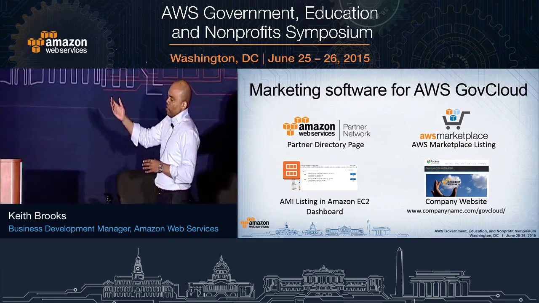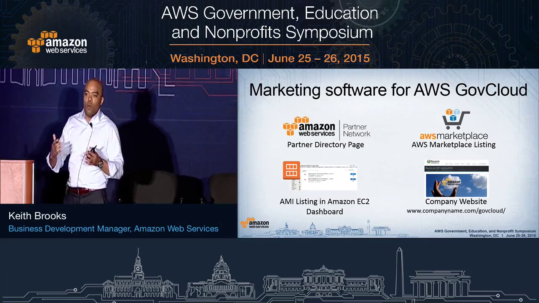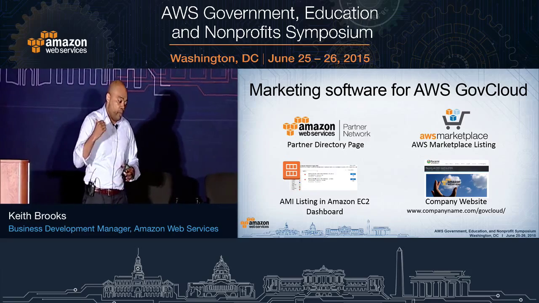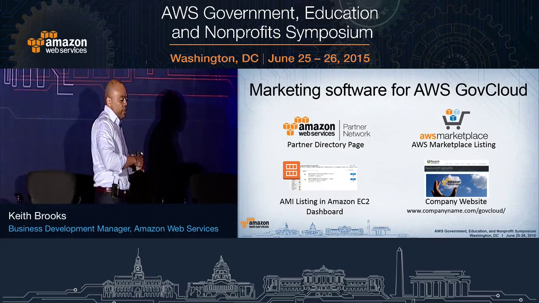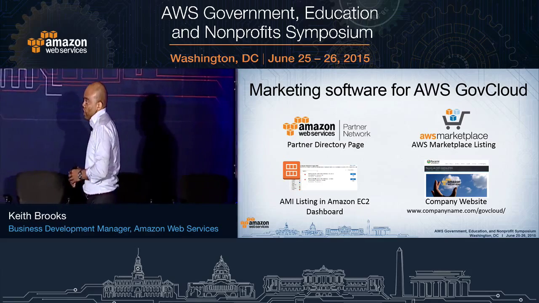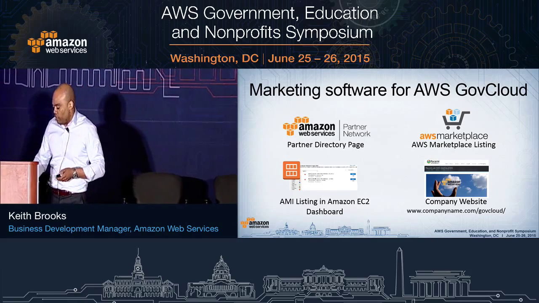So you can take advantage of things like search engine optimization. If you go to Google and search for cloud migration in GovCloud, there's a good chance you're going to get a hit there. And that page does a really good job of describing the product, describing that it's available for GovCloud, and giving instructions for how customers can actually procure that software and use it to migrate AMIs and other resources into the GovCloud region.